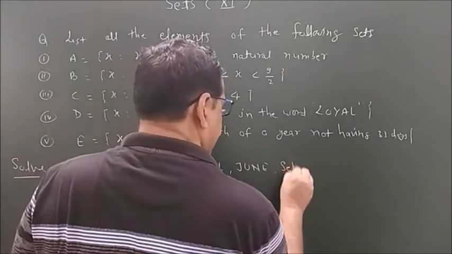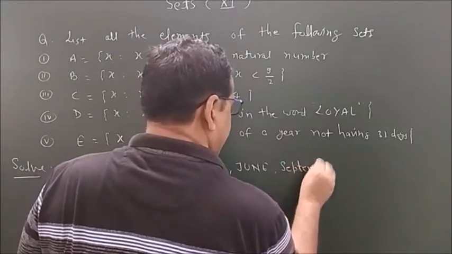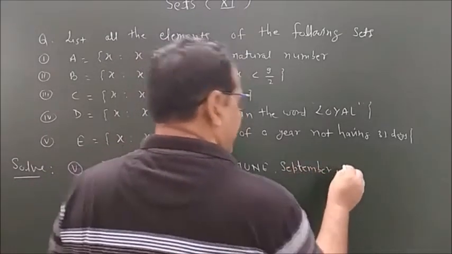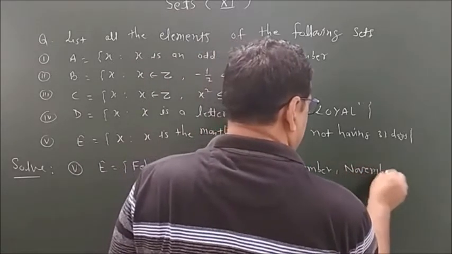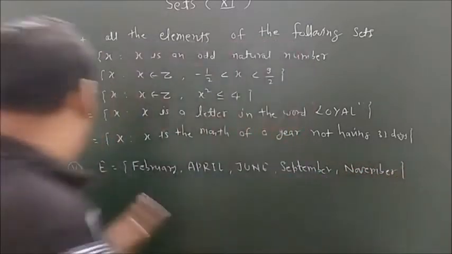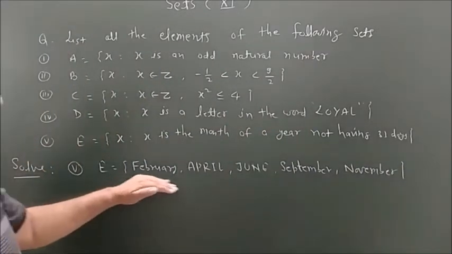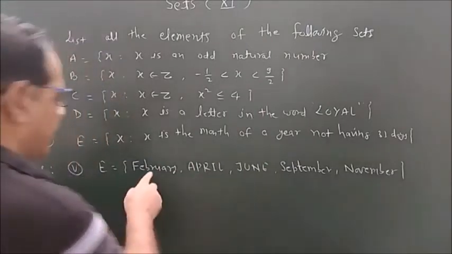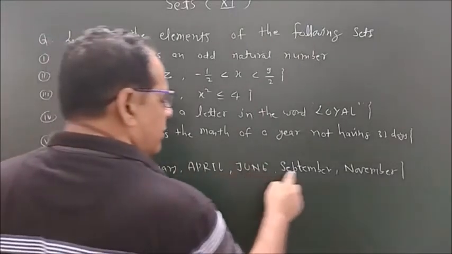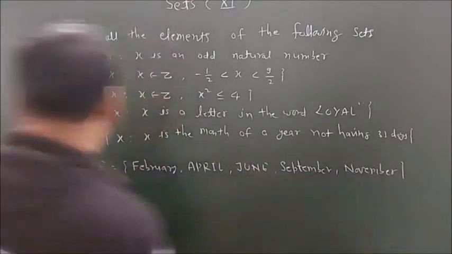September, November. So this is the collection of the months which are not having 31 days: February, April, June, September and November.